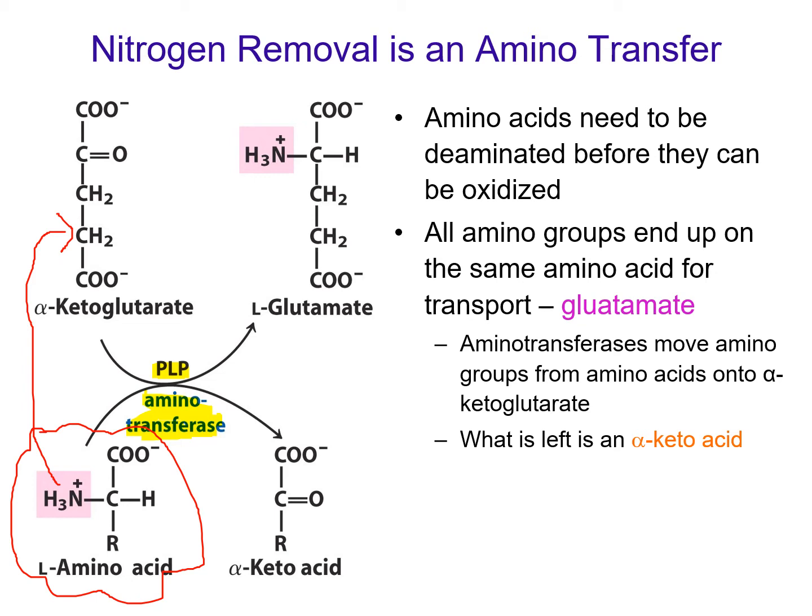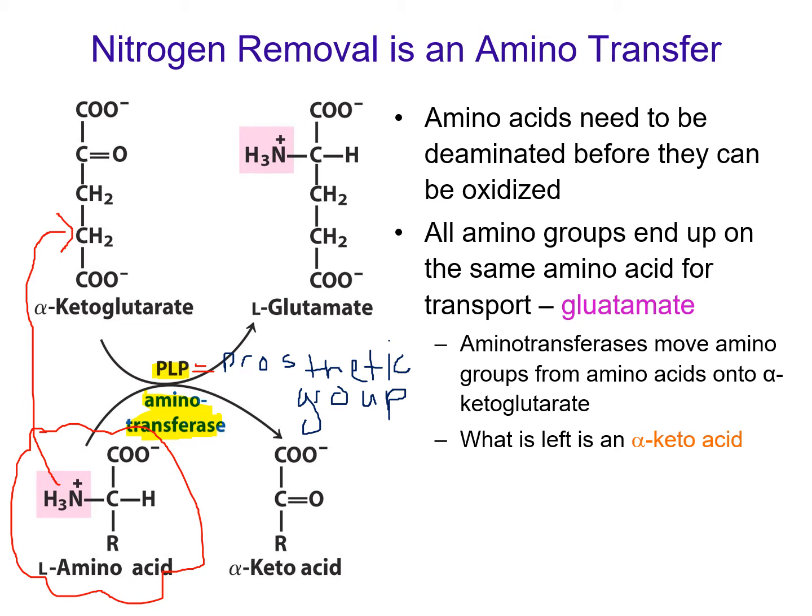PLP, you don't need to know the name of it, but PLP is a prosthetic group. All right, so that PLP there, it just means that the transfer is happening from this prosthetic group that's attached to the amino transferase. So the PLP grabs the amino group, it throws it onto an alpha-ketoglutarate.